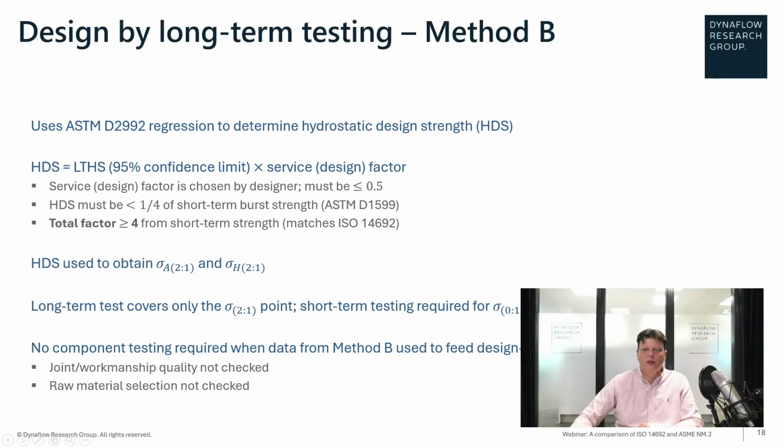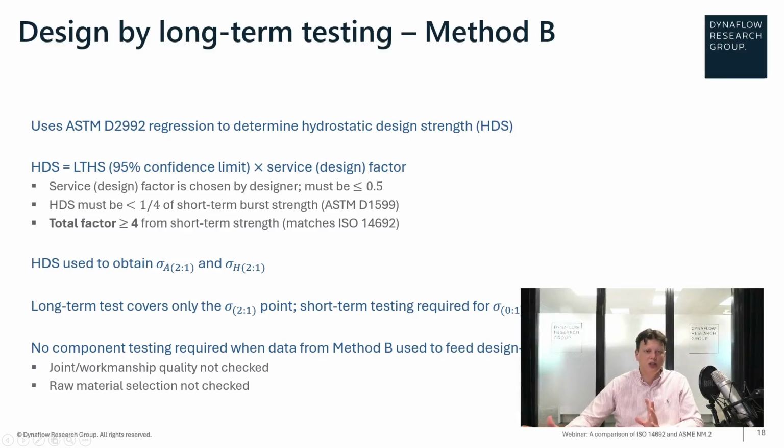However, what differs in this method B from the ISO is that the hydrostatic design strength is only used to obtain this biaxial stress point. And the ASME NM.2 does not recognize long-term testing methods to determine this purely axial data point.